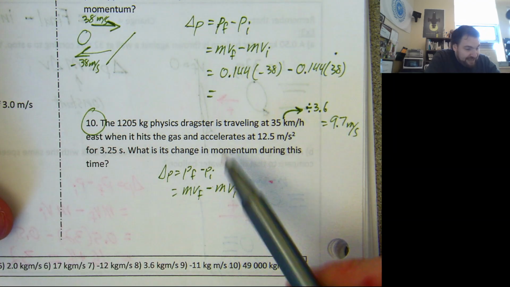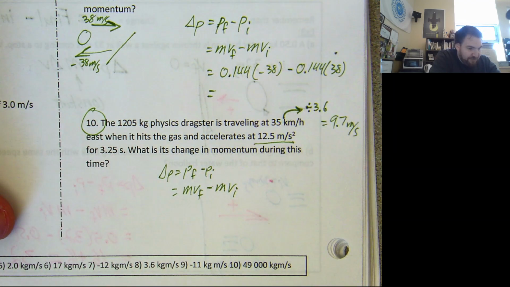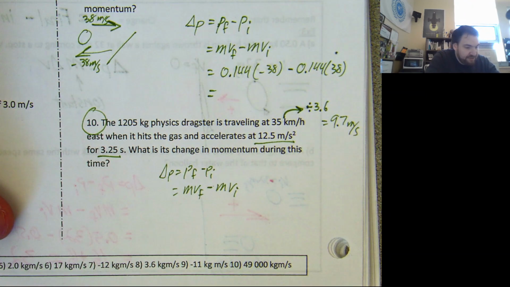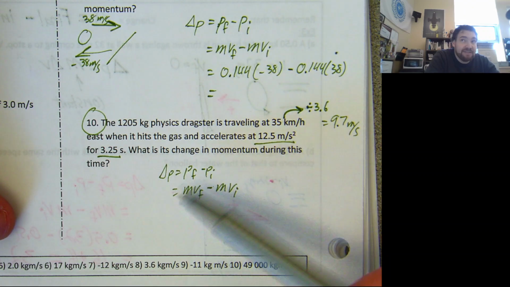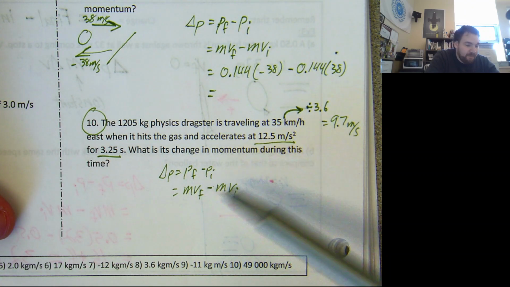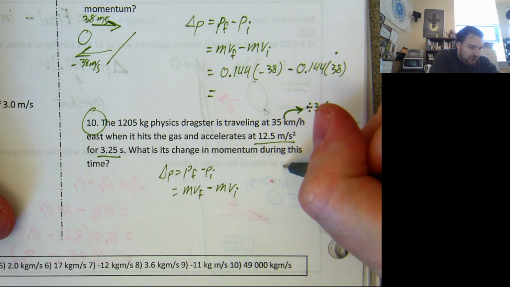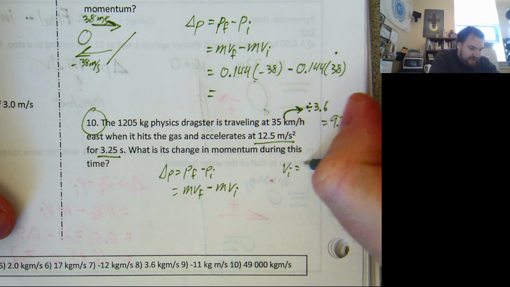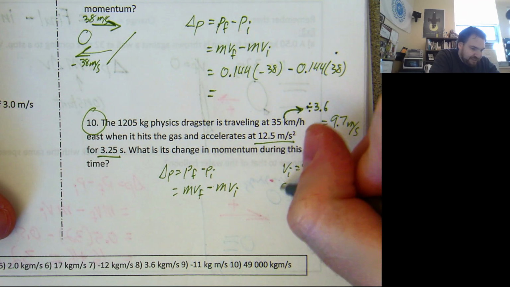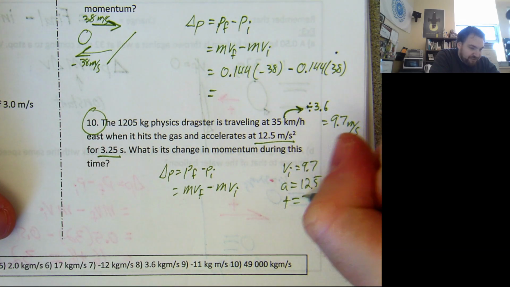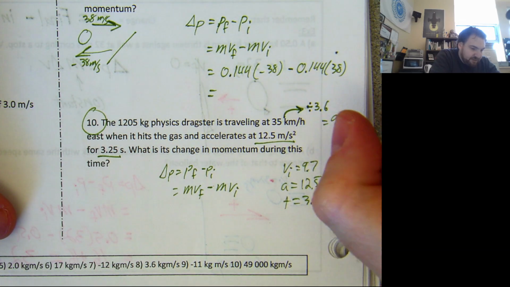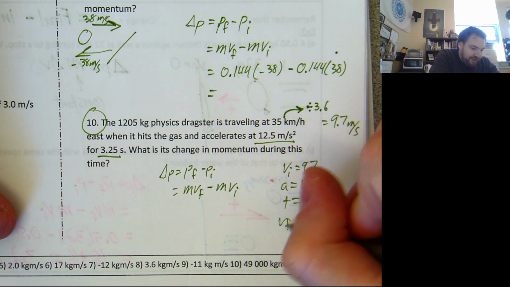And we're told that it hits the gas and accelerates at 12.5 meters per second squared for 3.25 seconds. So we need to find VF. So we have to do some kinematics here before we can start doing momentum. We know that VI is 9.7. We know the acceleration is 12.5. We know that it accelerates for 3.25 seconds. So we want to find the final velocity there.